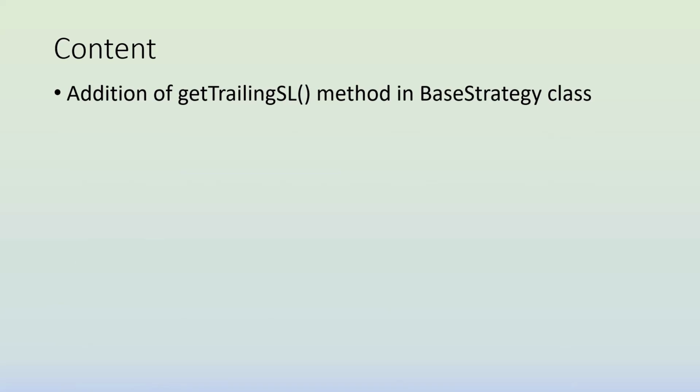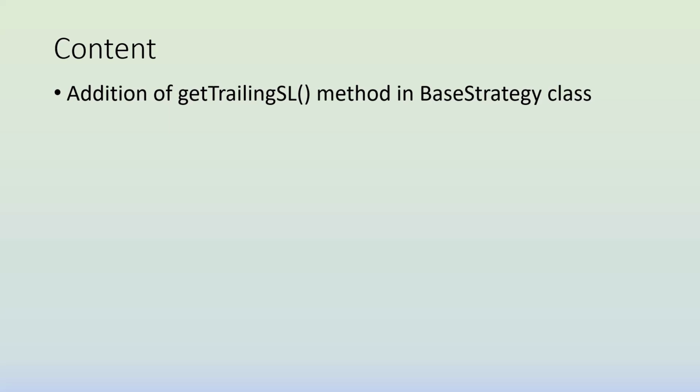So what are the new things added in the code base? First, I added a get trailing SL method in the base strategy class. By default, the base strategy class will return 0 from this function because there is no implementation in the base strategy class.